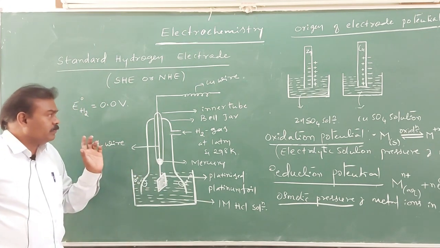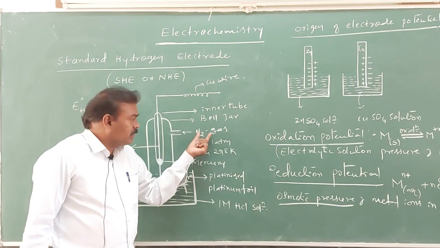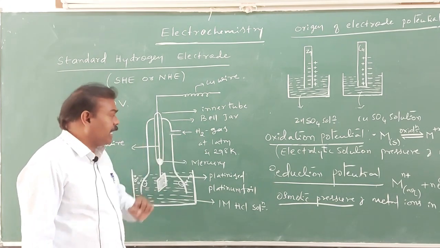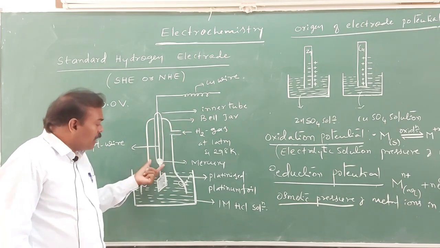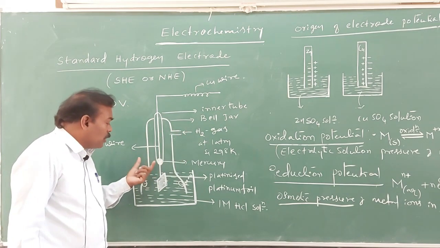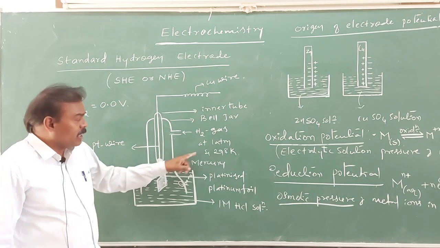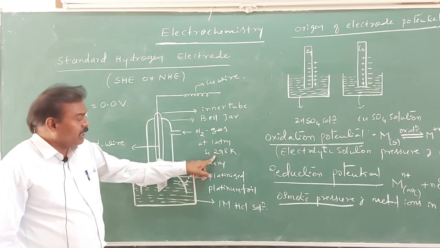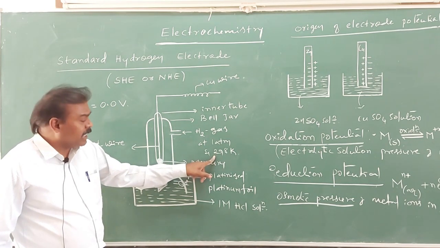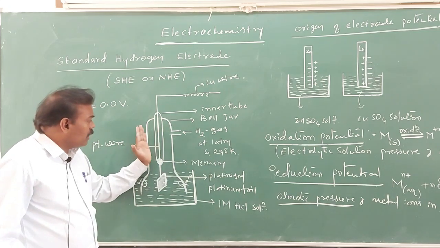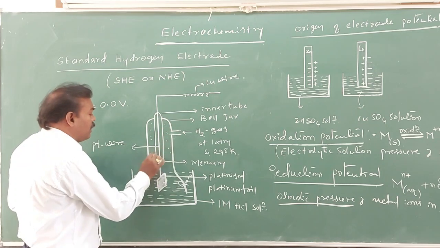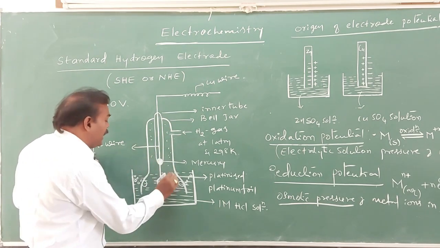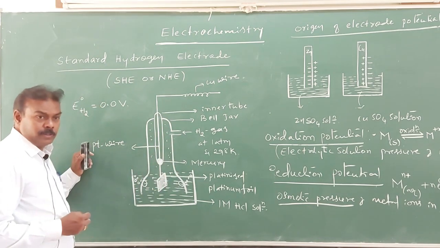Now here we have to take pure and dry hydrogen gas, and that should be supplied into the bell shaped glass jar at a pressure of 1 atmosphere and a temperature of 298 Kelvin. Initially, the hydrogen gas fills the space available in the bell jar, and finally it will be entering into the solution.